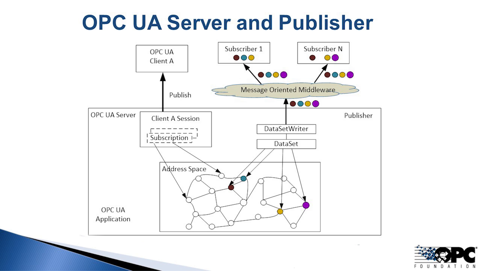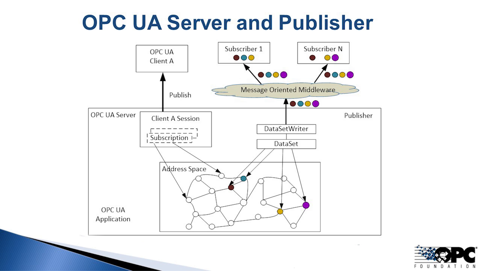We have the client A, and that has created a session inside the server, and has created a subscription there, and it has registered monitored items which come from the address space, that are the nodes of interest that are monitored. And now if the data changes, then the server will publish the information to this client.